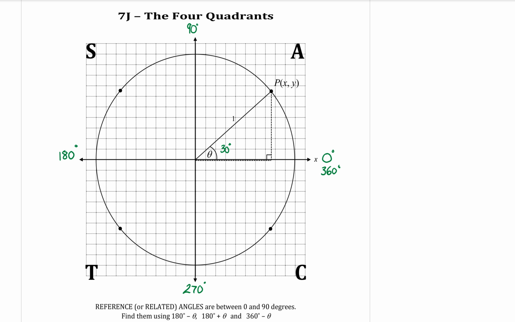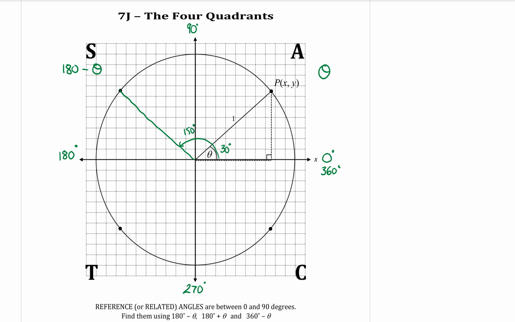In the second quadrant, we call this the 180 minus theta quadrant. Now the theta is what we call that reference angle, the acute angle. So 180 minus my 30 would be a 150 degree angle all the way around to there, 150 degrees.